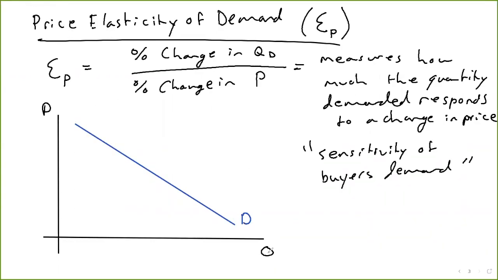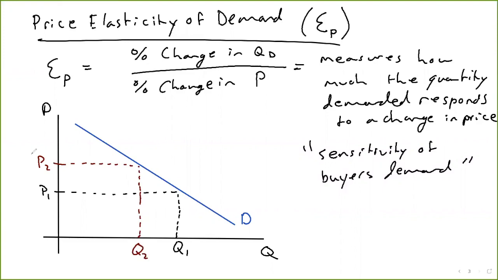Here's my demand curve. And let's say we start off at an initial price of P1, which corresponds to quantity demanded Q1. And let's say price increases to P2, which corresponds to a quantity demanded of Q2.